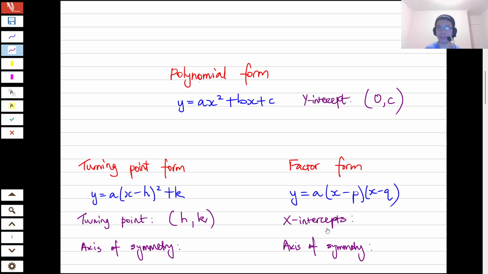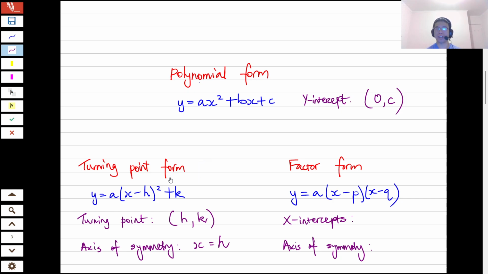You should recognize this as a transformation, h units to the right and k units up from the origin, with a dilation by a factor of a before those translations have occurred. Since the turning point occurs on the axis of symmetry, we could describe the axis of symmetry with the equation x equals h. Remember, x equals some number defines a vertical line rather than a horizontal line.